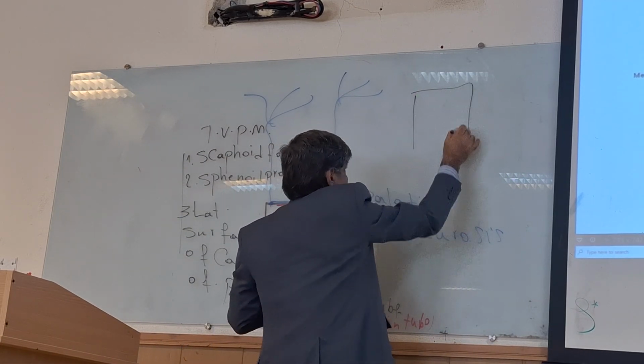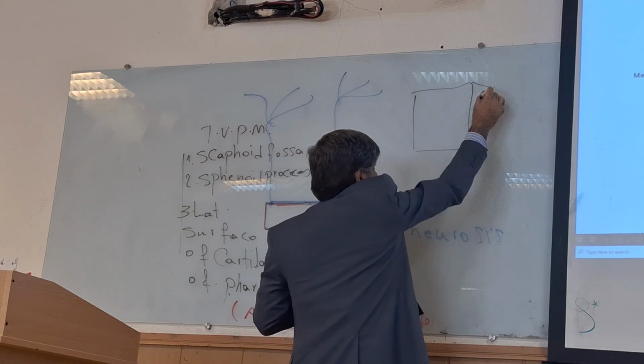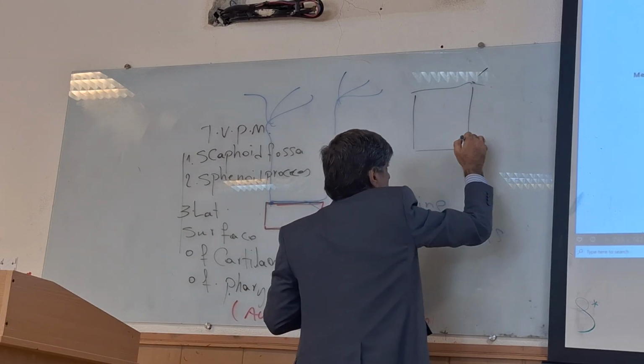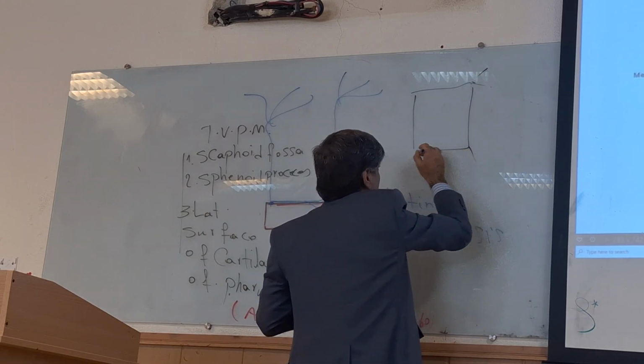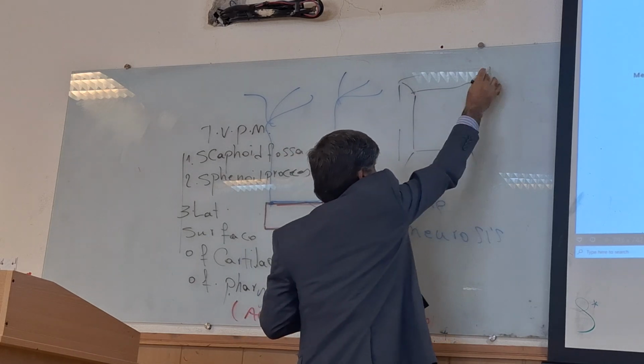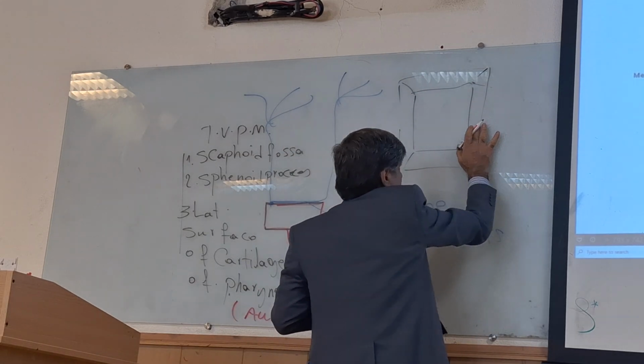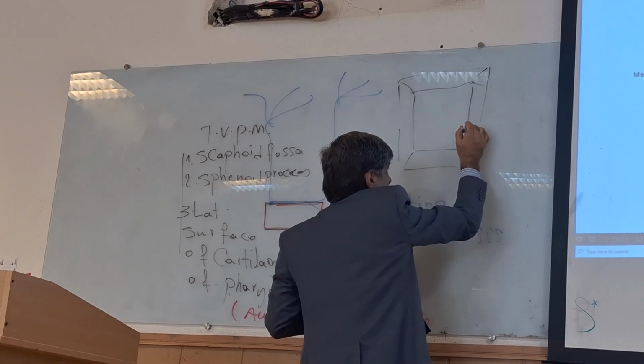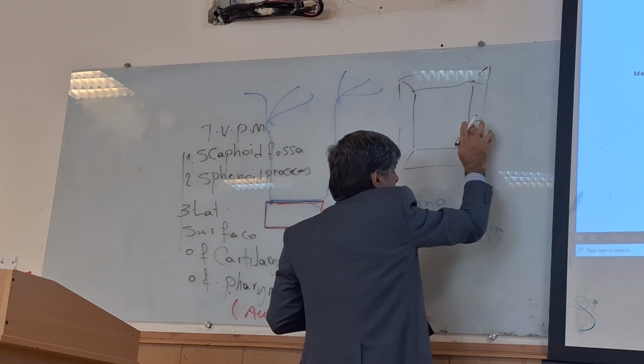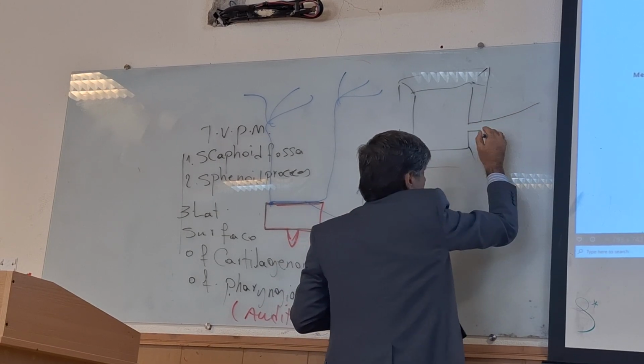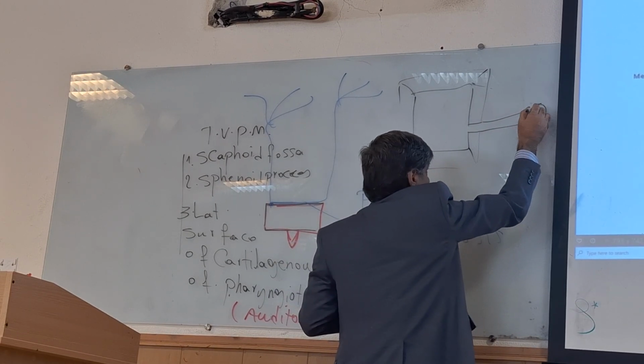This tube connects to the middle ear. The first part of the tube is bony and the other part is cartilage.